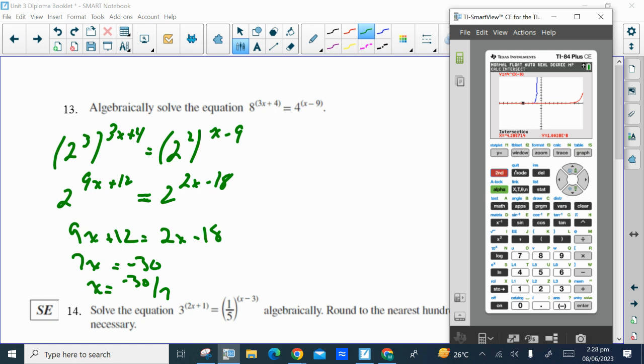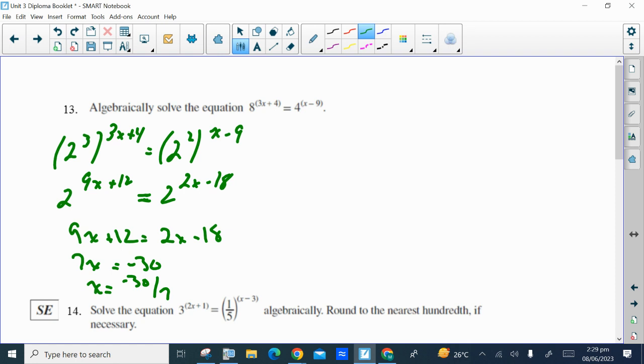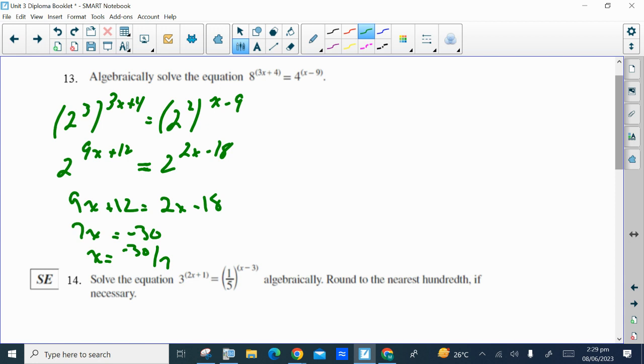It's a decimal, and if we recall it here, it's exactly the same as the answer we got algebraically. So our answer is definitely correct. Remember on the written response, if it says algebraically determine or just determine, you have to show your work.